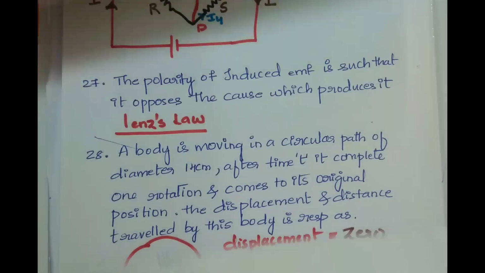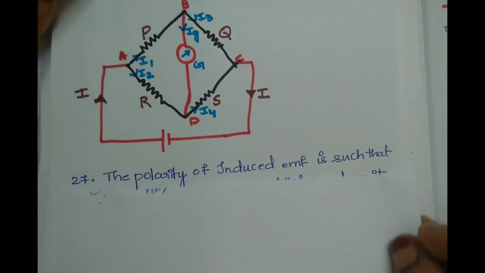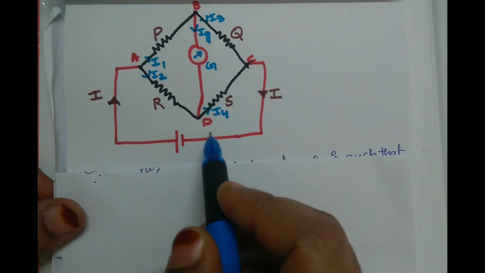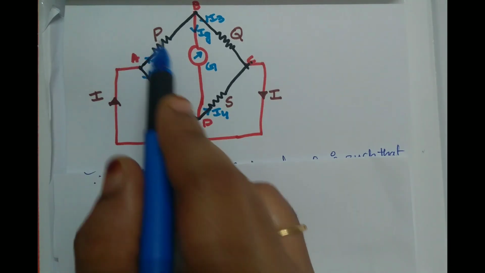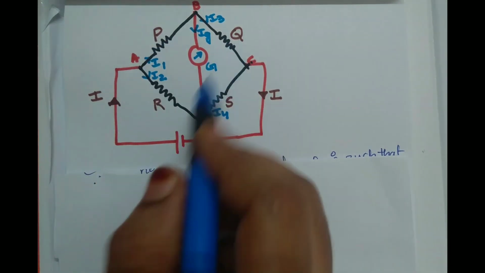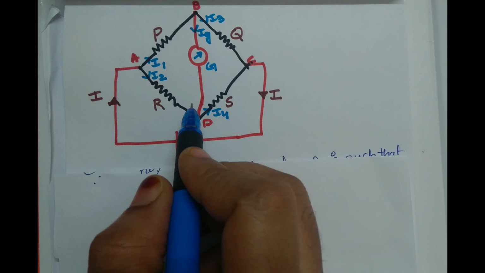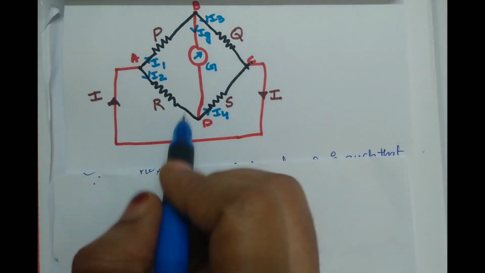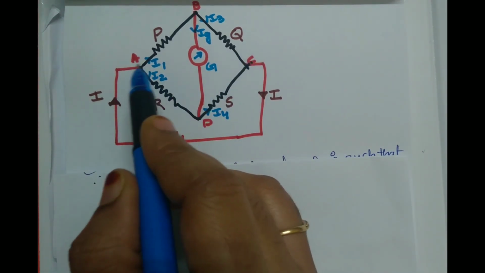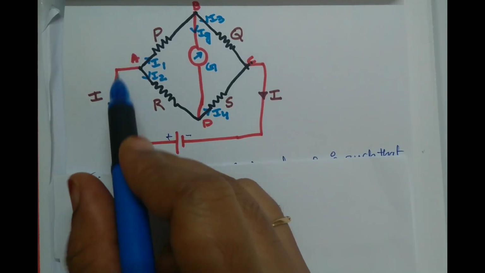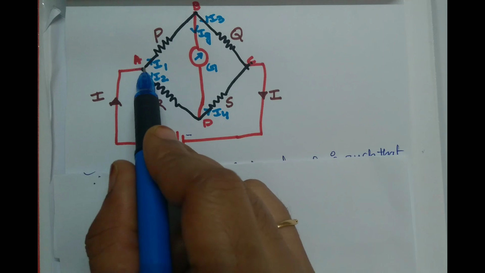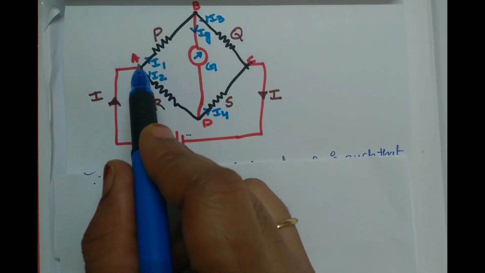Then let us move to the diagram. See here, this is the diagram of Wheatstone bridge. P, Q, R, S are the resistors. There is one experiment based on this, and the current is flowing through the battery. This is the positive terminal, negative terminal. Since it is a junction, the current will divide itself.